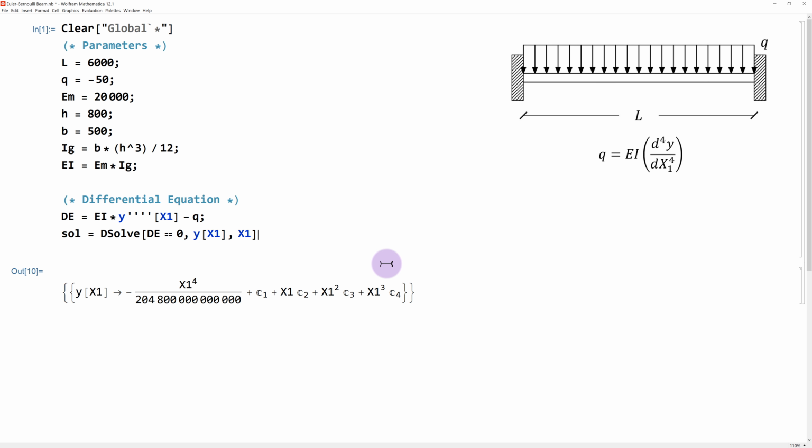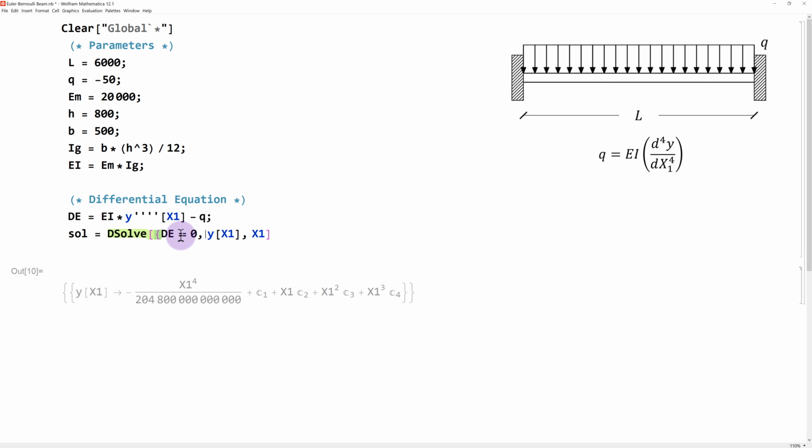So you are all masters of these boundary conditions, but the question becomes, how do I implement them into Mathematica so that I can easily solve for these C coefficients? Well, it's actually very simple. When we go back to our DSolve function, all of the boundary conditions are going to be inputted into this first argument. If we're ever inputting multiple arguments, we have to use these squiggle brackets.